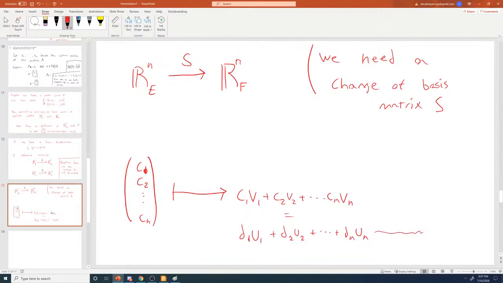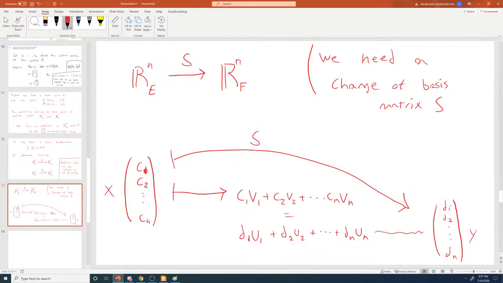And this corresponds to the coordinate vector d1, d2, through dn, and the change of basis matrix S is the matrix that takes vectors c1, c2 through cn to the associated vector d1, d2 through dn. So if this vector here is x and this vector here is y, then we have Sx is equal to y. That's what the change of basis matrix S does.